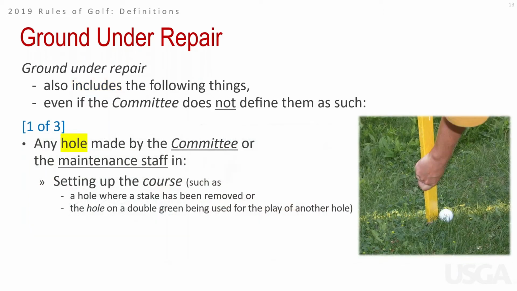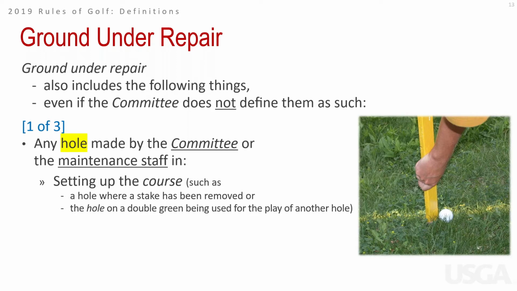Our first example is any hole made by a committee or maintenance staff. For example, here on the right of your screen, you see this player removing a penalty area stake, which will leave a hole in the ground. Should the player's ball have interference from that hole, that meets the definition of ground under repair. It doesn't have to have those white lines or stakes around it.